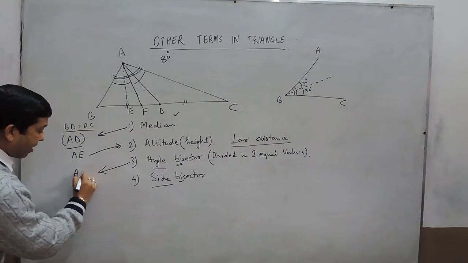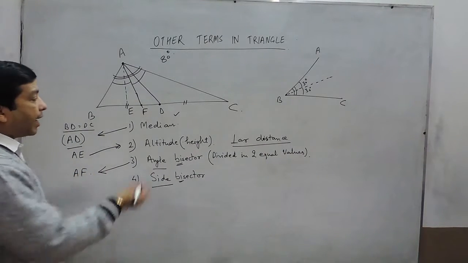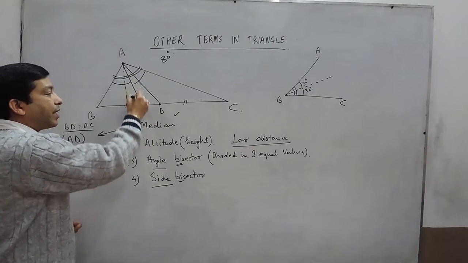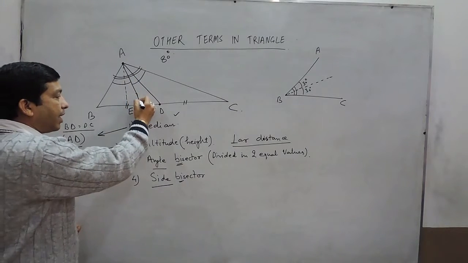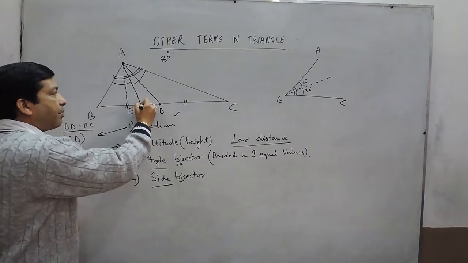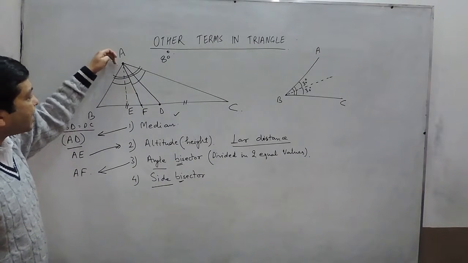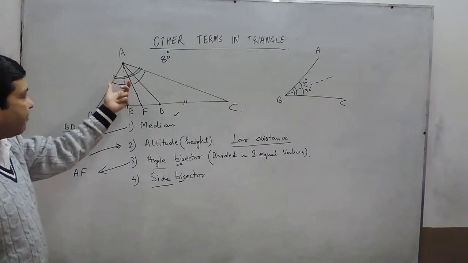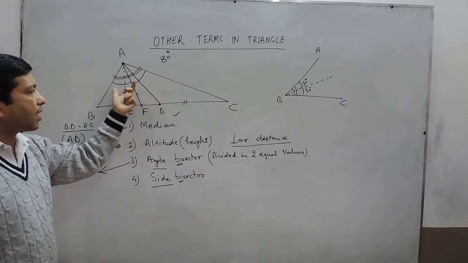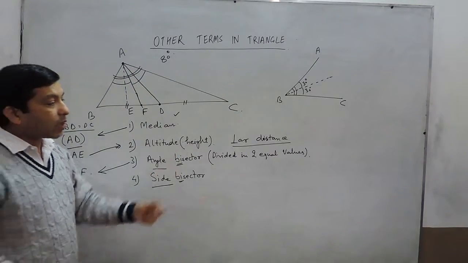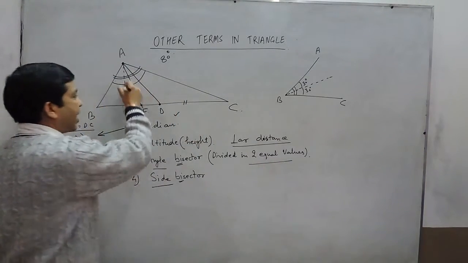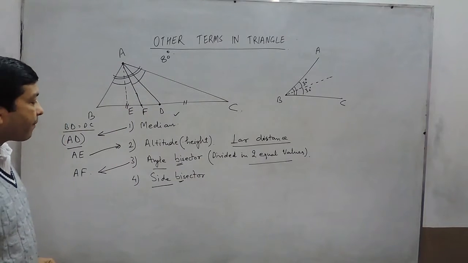So AF is the angle bisector, and it is not mandatory that it touches at F. It can be after F or before it. When the line starts at the vertex and divides the angle into two equal values, it is known as the angle bisector.